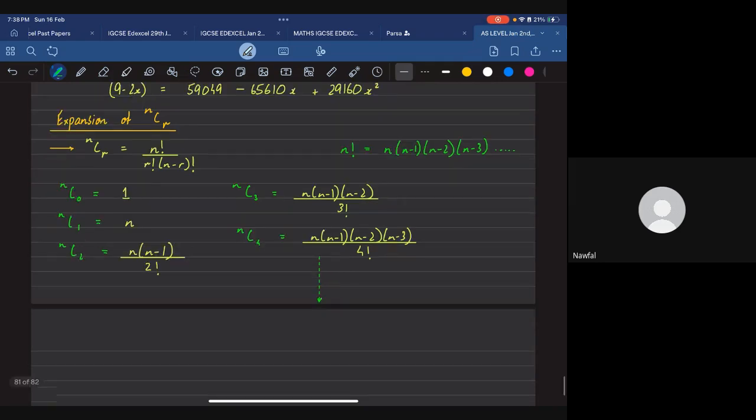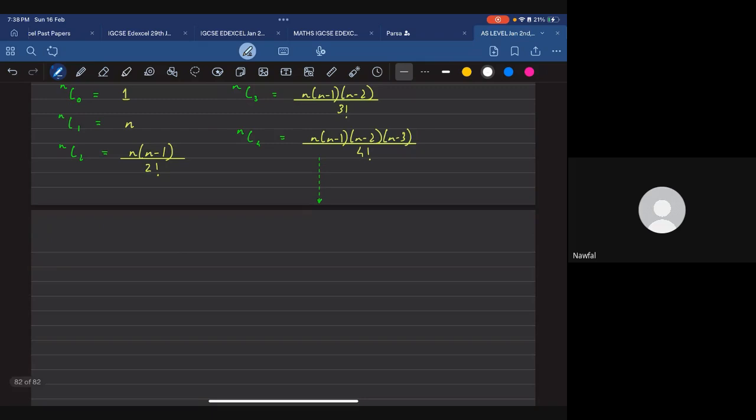Okay, I'll solve the question with you guys. Let's see if you guys can do it. So, for example, it says (1 minus x over 3) whole squared, whole raised to the power n, is the binomial expression.